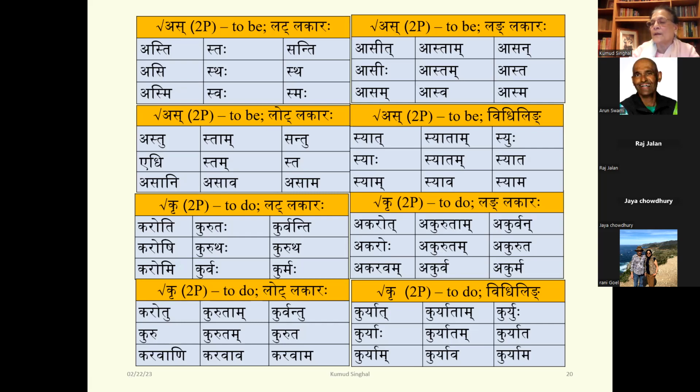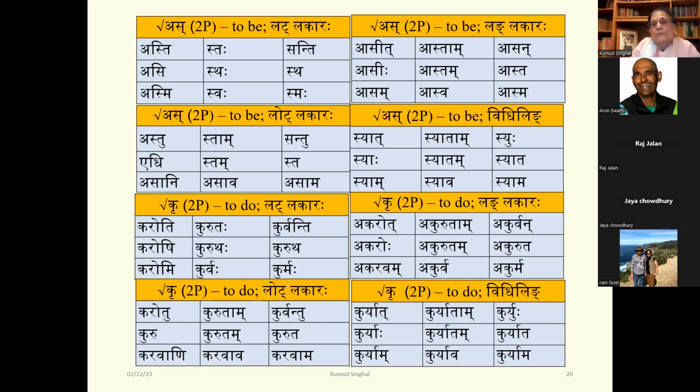Then the passive voice, which is also very much used. And the third would be to talk a little bit about the dhatus from the 4th, 6th and 10th groups. I will need 2 classes to cover those topics. Then verbs will be over.